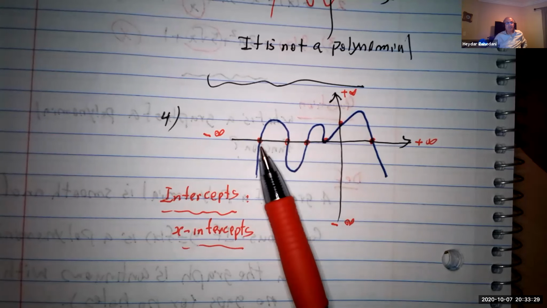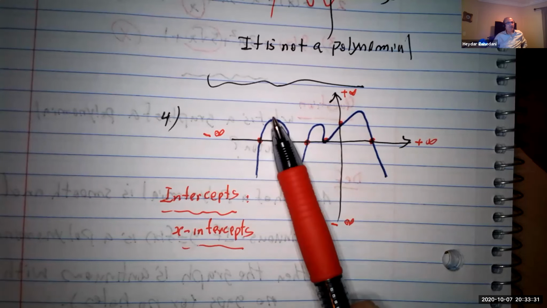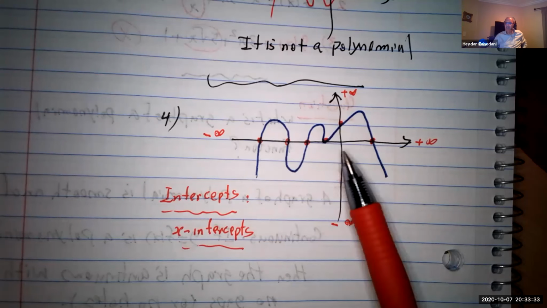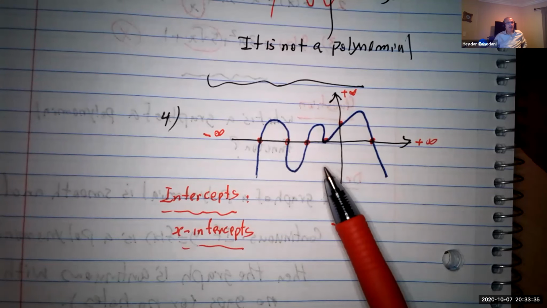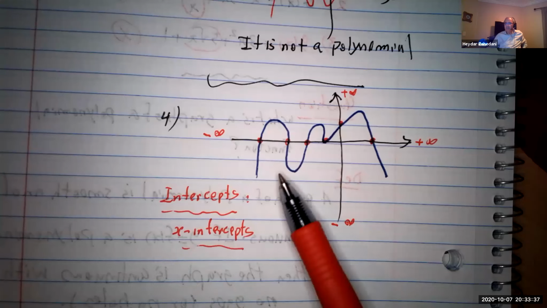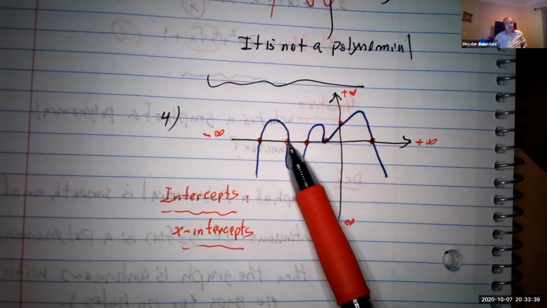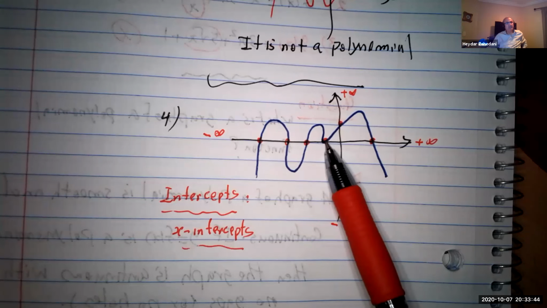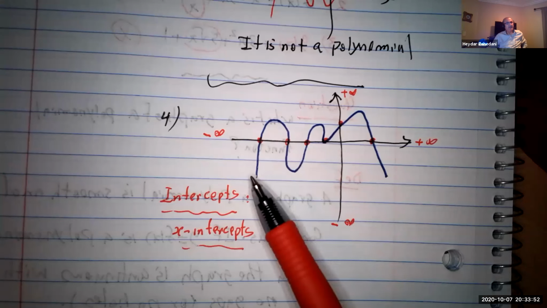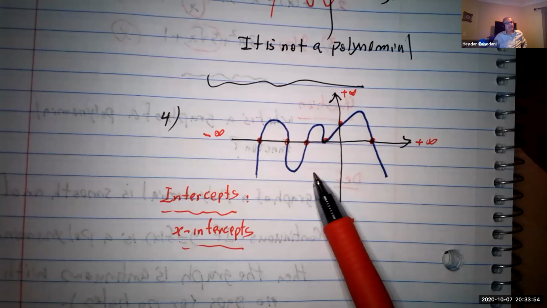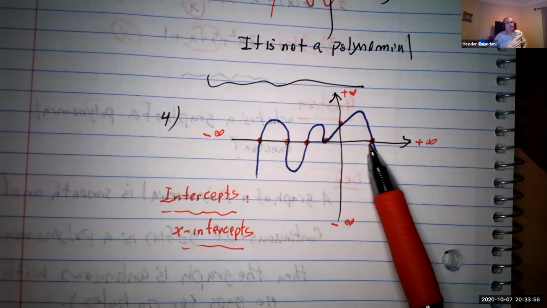So before and after this point, the sign of y is different. But at this other point, you touch the x-axis and you bounce back. You are not going to cross there, but over here you cross.